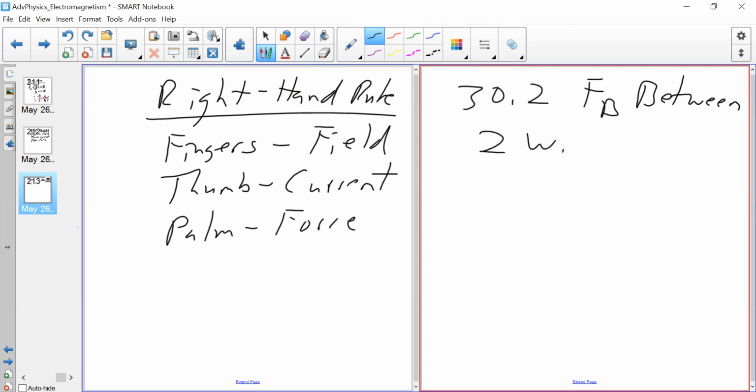Between two wires. Nitty gritty. You have two wires with current in the same direction. The wires will be attracted to each other. Opposite directions, they're going to repel. A quick picture of that, you can see at the top of 843. So for example, let's say that this is wire 1, wire 2.